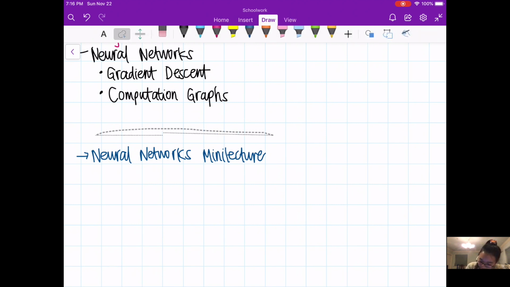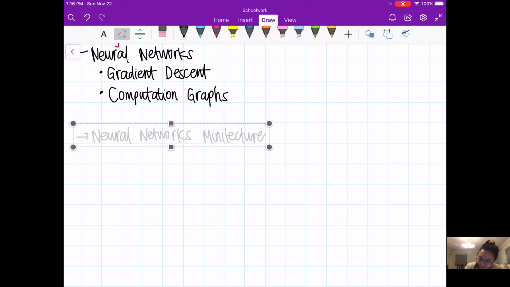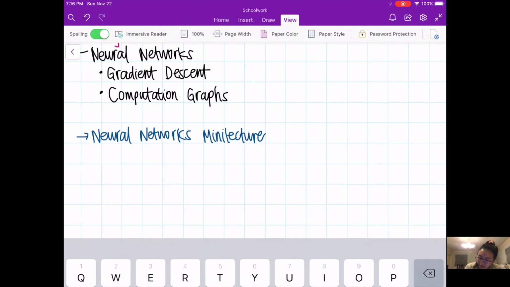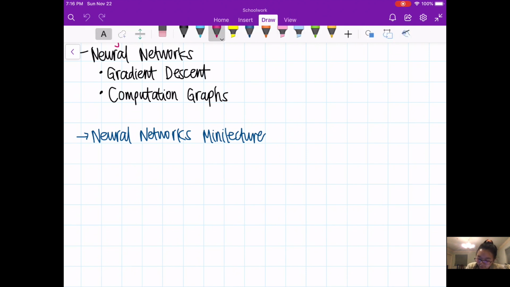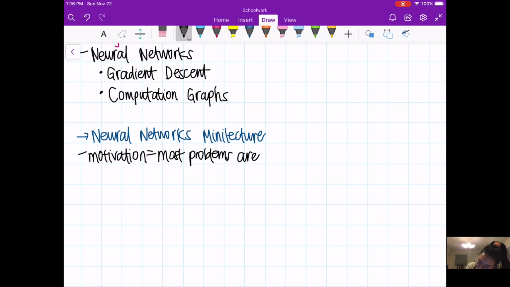So let me actually move this up a line. Cool. So the general motivation for neural networks is that most problems are nonlinear.